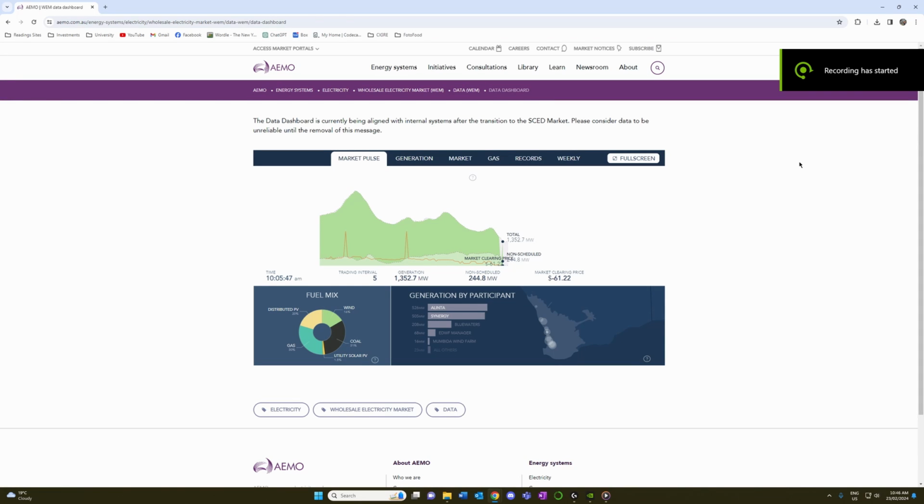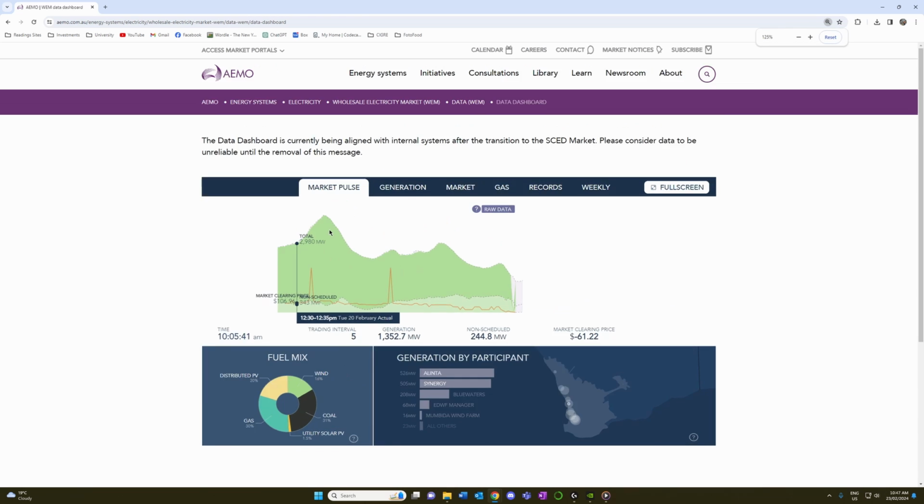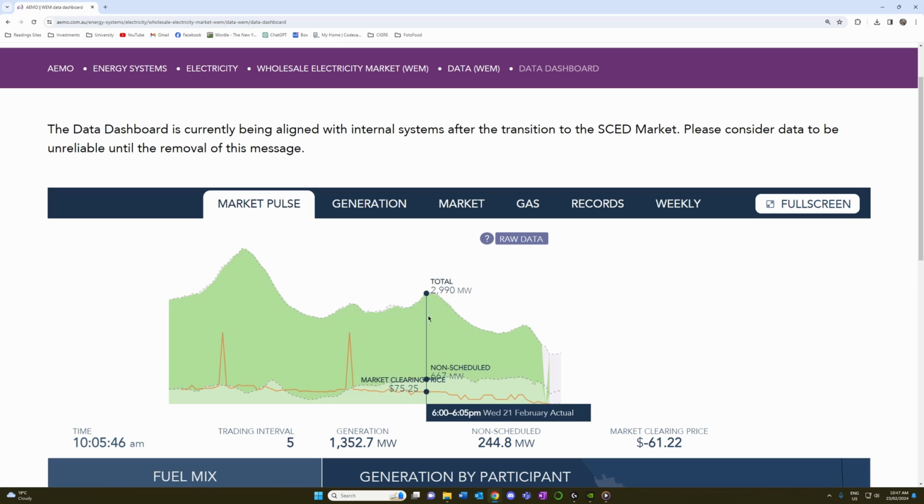The wholesale electricity market isn't as flashy of a dashboard as the NEM, but what it does provide is a good representation of how the market works. What you guys can see here is essentially the total demand at any one time in the WEM. If I zoom in a touch, the darker green is essentially the RCM, the stuff scheduled a long time in advance.